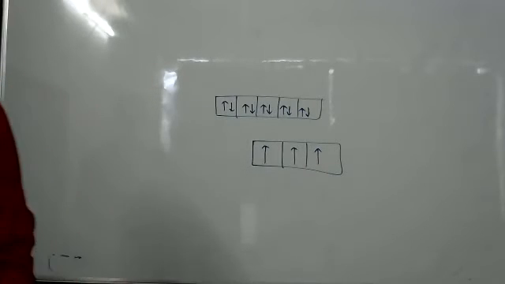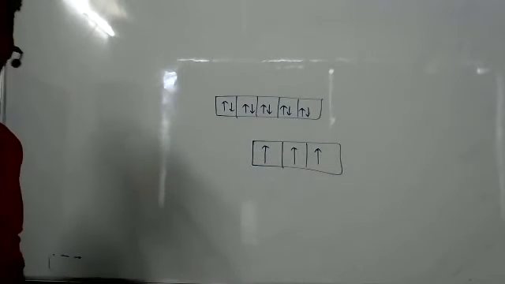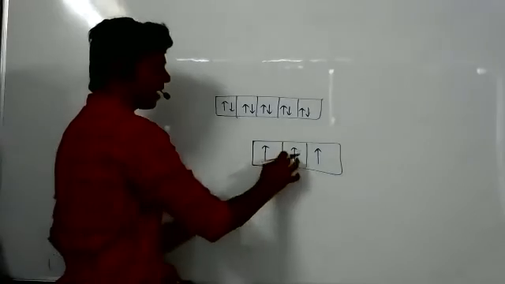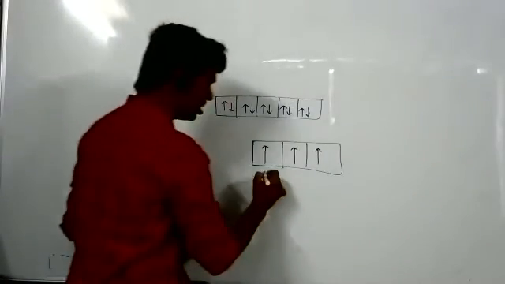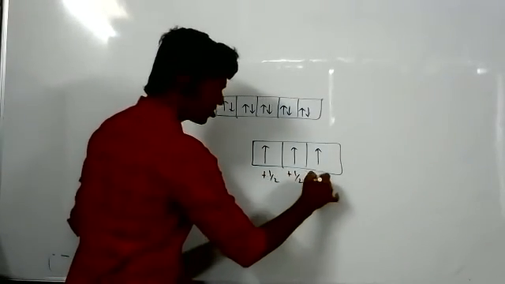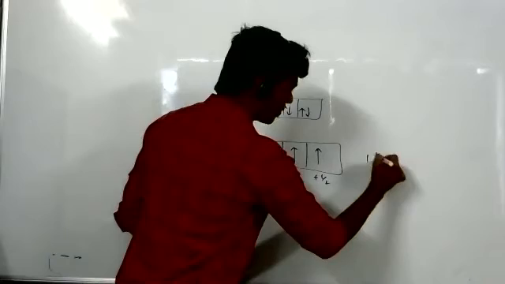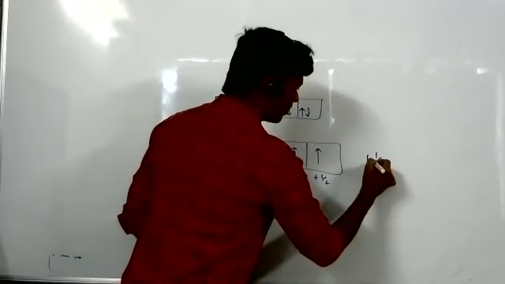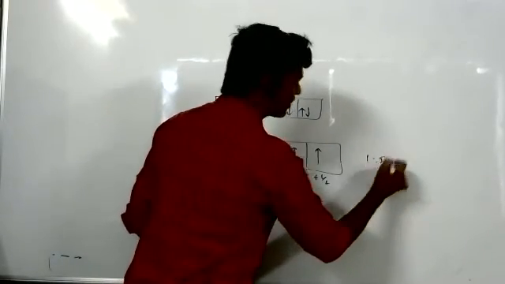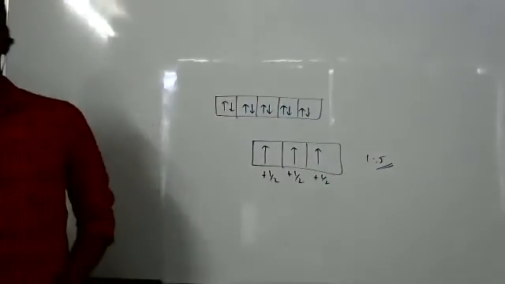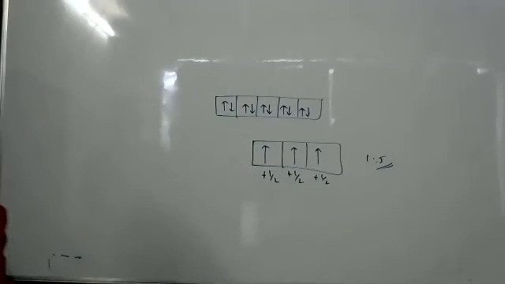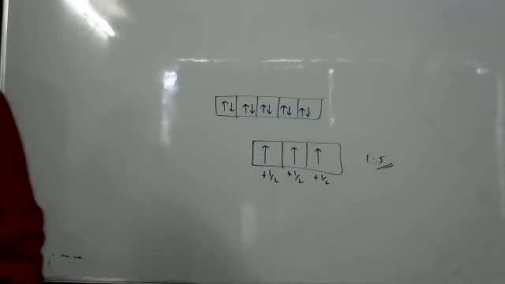Option C, Hund's rule of maximum multiplicity. If all have the same spins, plus 1/2, plus 1/2, plus 1/2, it will become 1.5, maximum multiplicity. So option C is correct.